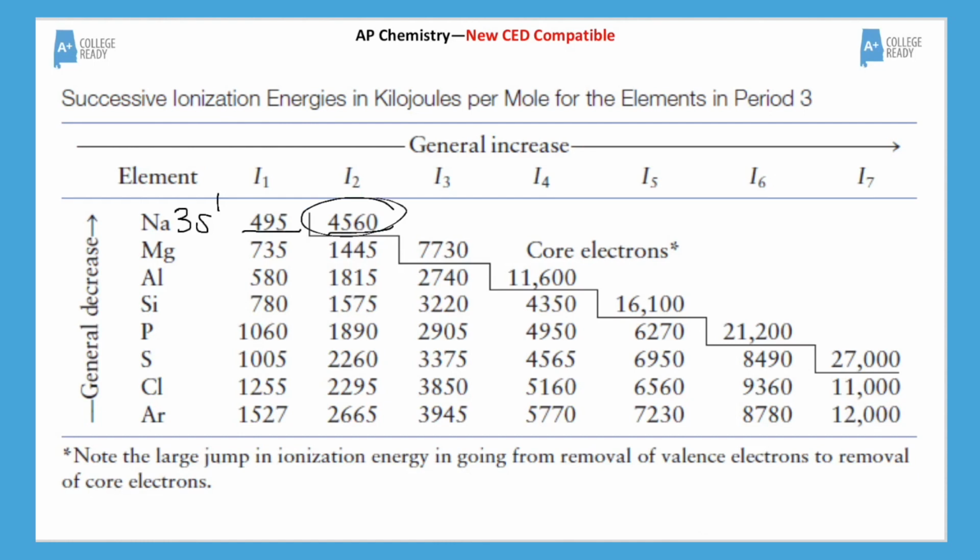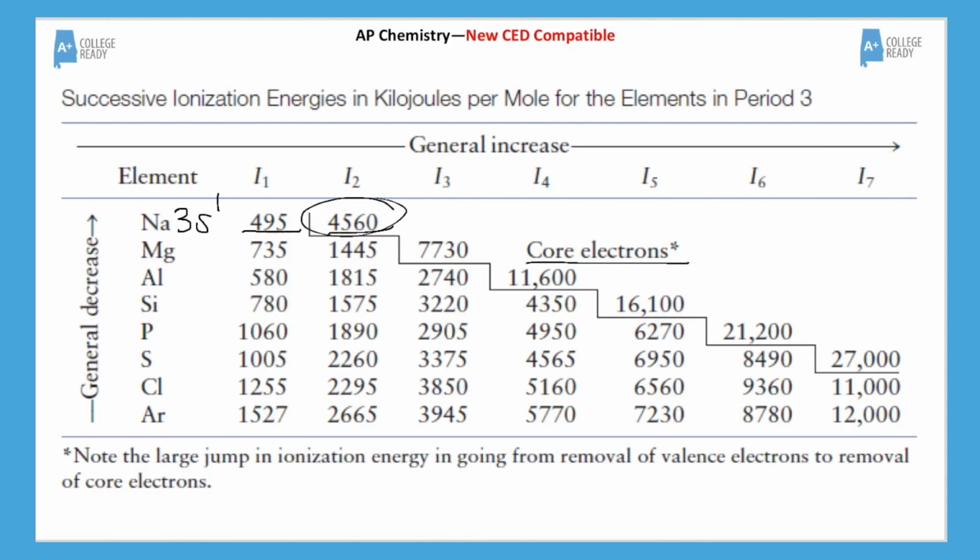Well, think about where that electron's coming from, and one term for that is a core electron. That second electron for the sodium would come from the 2p orbital, which is a whole energy level closer to the nucleus and much more attracted. So you can see why it's taking that huge amount of energy.